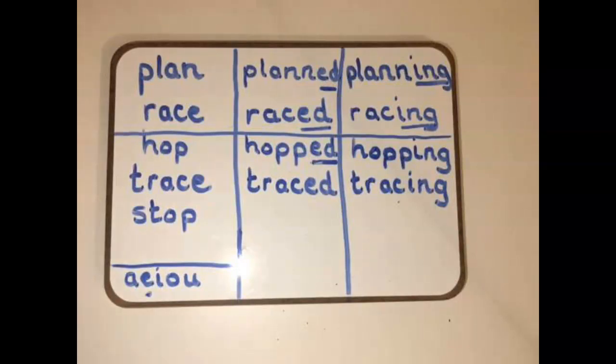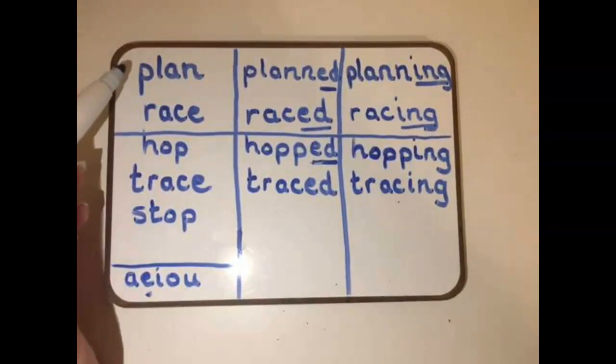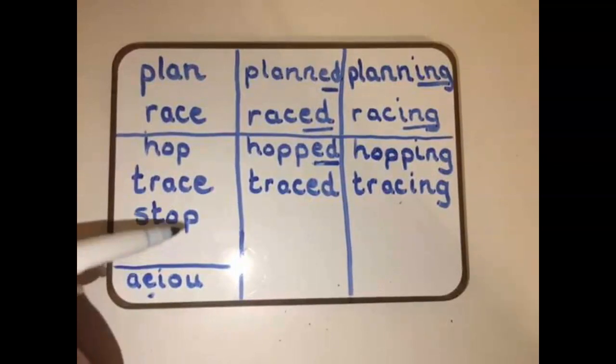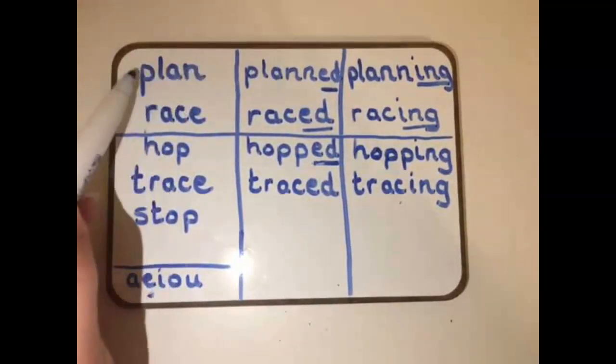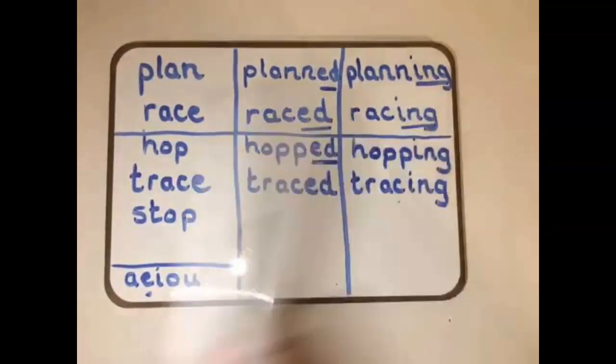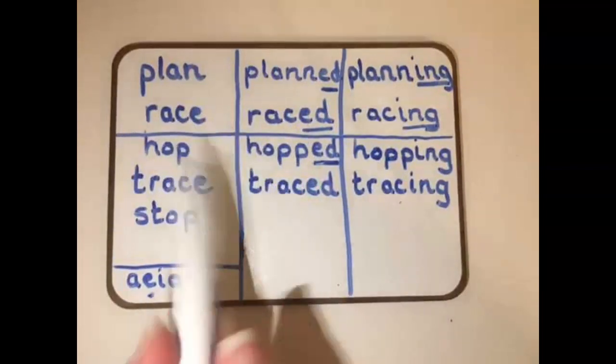All right, so which word did you decide to follow the rule for? Does it end with a vowel? No. So we want the one that does not end with a vowel, and we're going to follow the pattern that we used there. All right, so we have stop, and we're turning it into stopped.